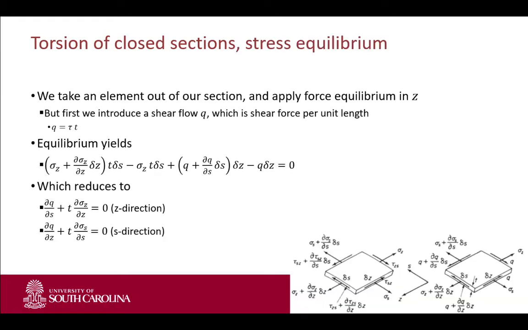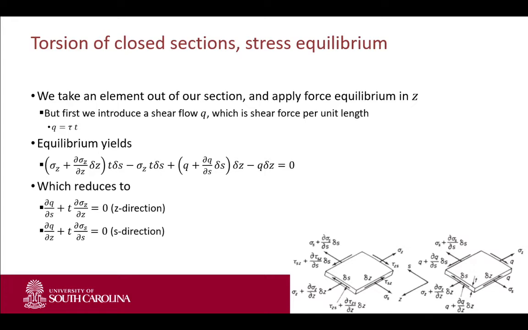So if we recall the equilibrium equations that we used to derive the shear flow equation, we noticed that we had a portion that was the variation of shear flow with s, partial q partial s, plus t multiplied by partial sigma z, direct stress in z, with respect to z is equal to 0.